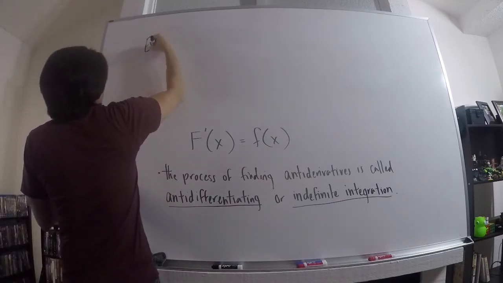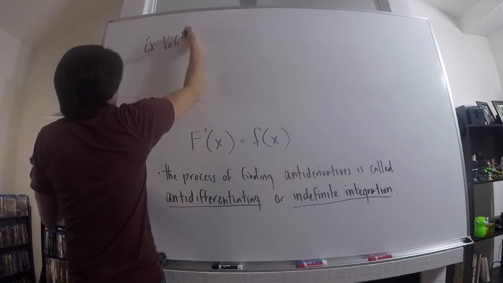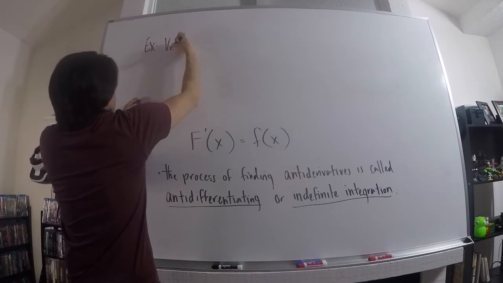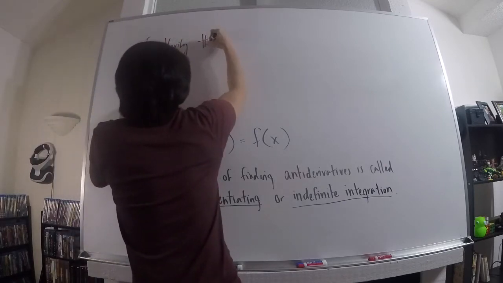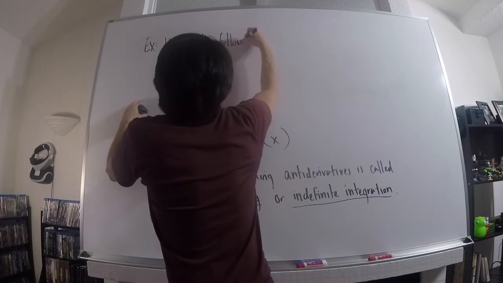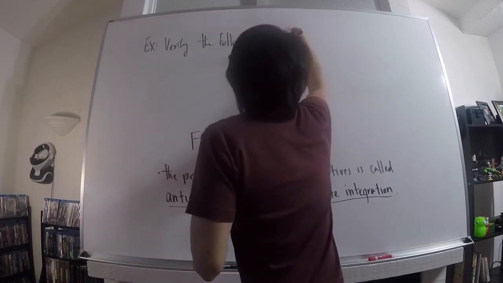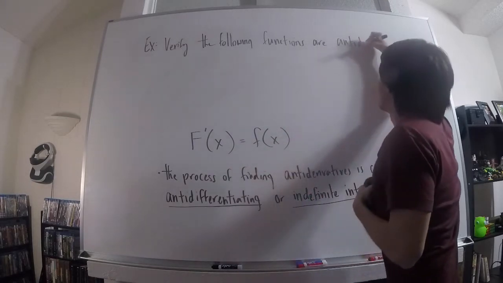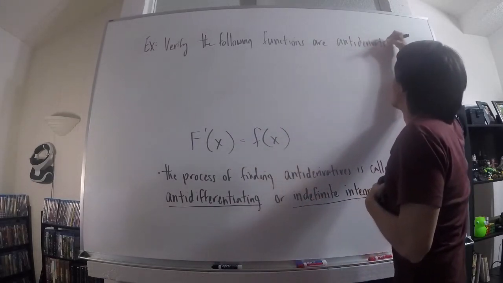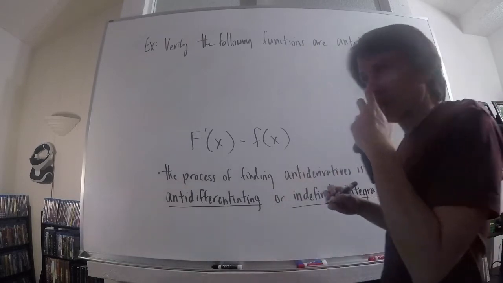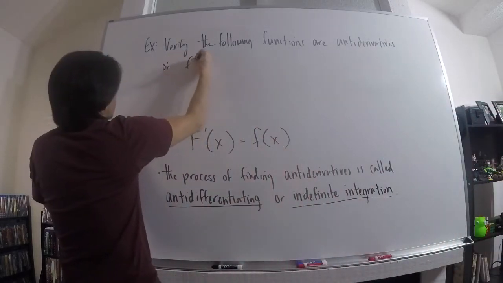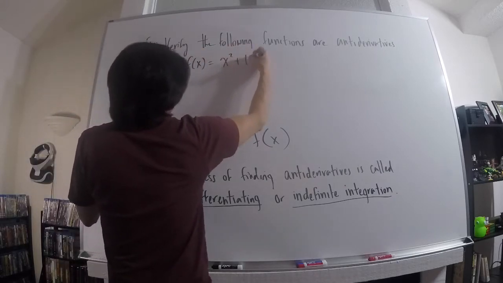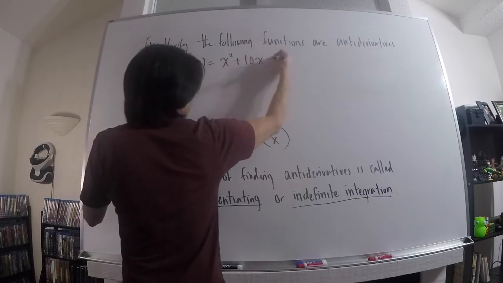So we're just going to verify the following functions are antiderivatives of f of x is equal to x squared plus 10x plus 7.